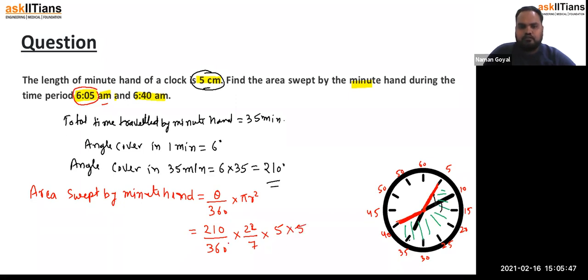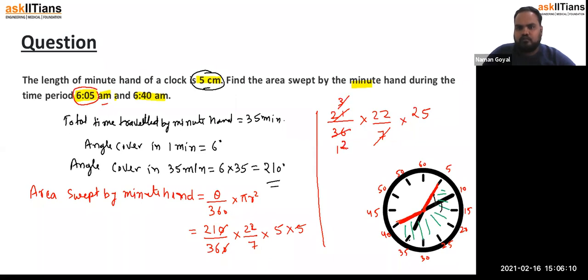Now 0 and 0 cancel out each other. Then what do we get? We get 21 upon 36 into 22 upon 7 into 5 fives are 25, right? Now 7 threes are 21 and 3 twelves are 36.